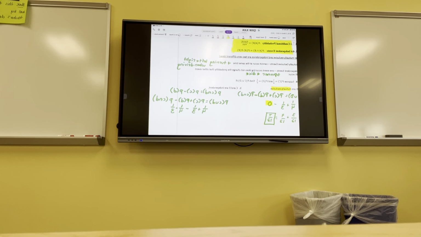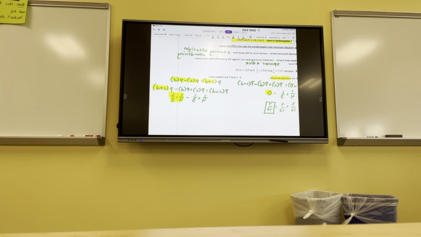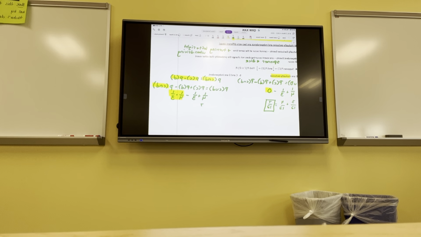So this and this are all the same thing now. We got our common denominator. We know that 7 out of 12 minus 1 out of 12 is 6 out of 12.